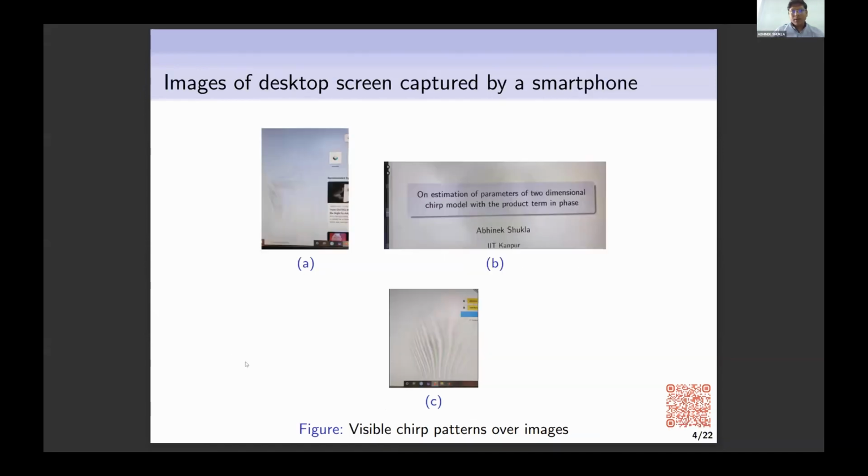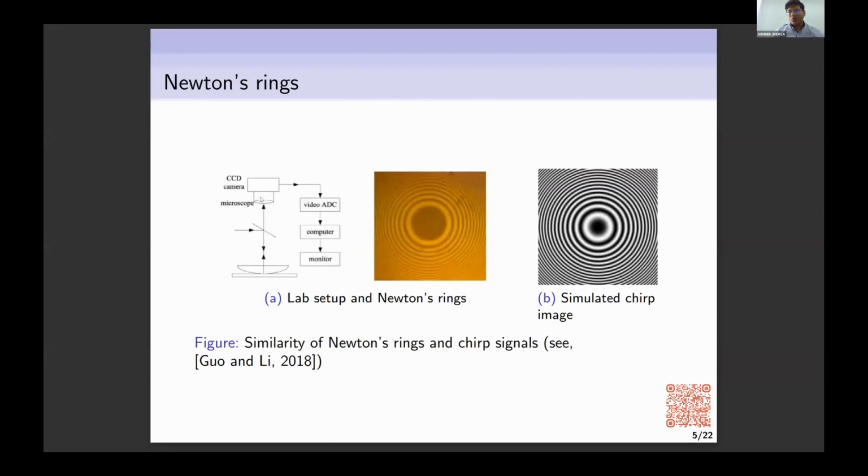And next, when we click an image of our desktop screen, we often see that these kind of unwanted patterns appear, which also resemble the chirp patterns. Next, in the Newton's rings experiment, in this yellow colored image, you can see the chirp ring exactly available.